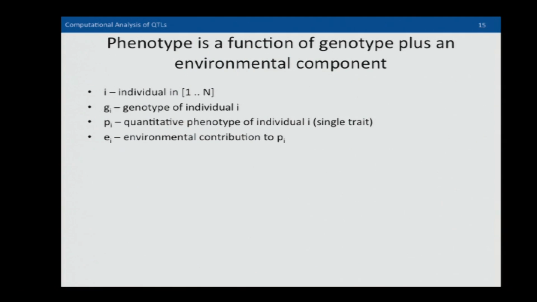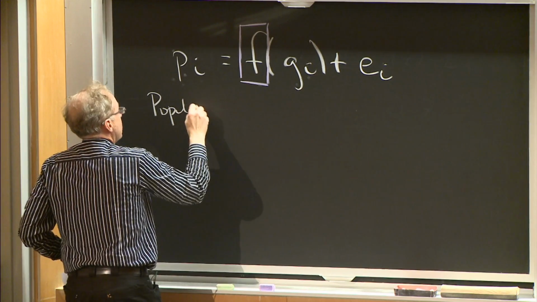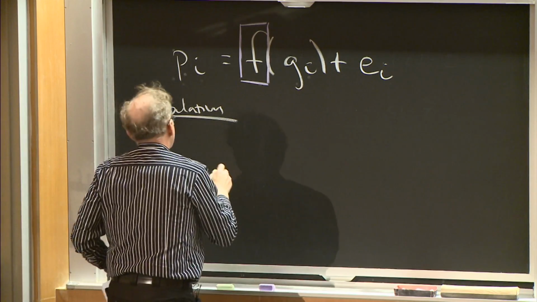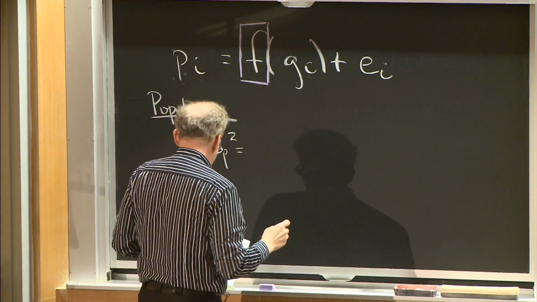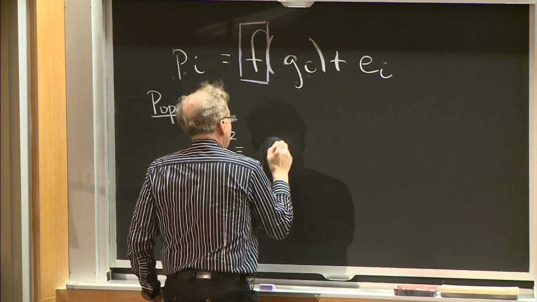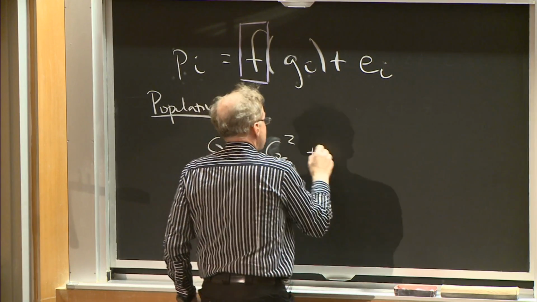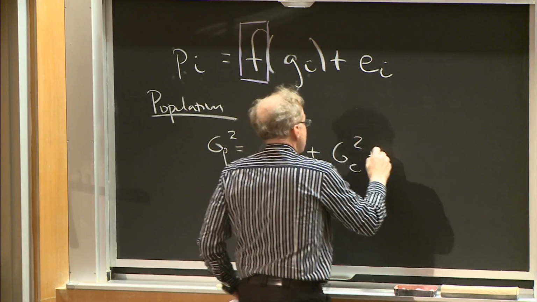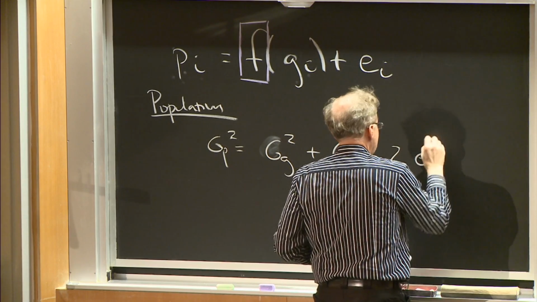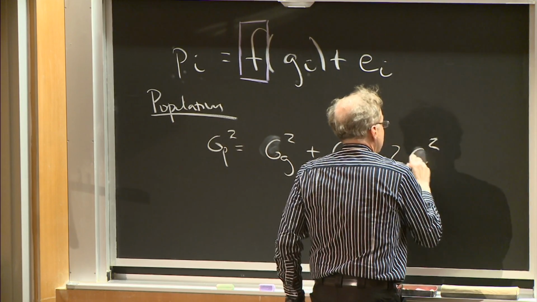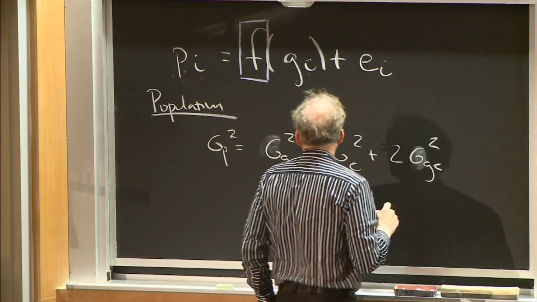And thus, if we consider a population of individuals, the phenotypic variance is going to be equal to the genotypic variance plus the environmental variance plus 2 times the covariance between the genotype and the environment.